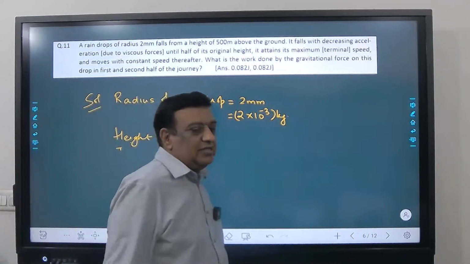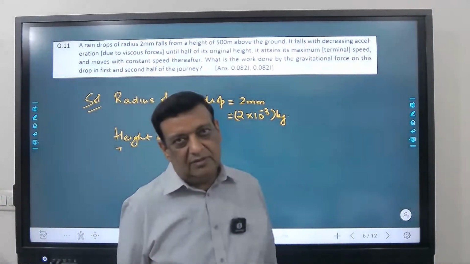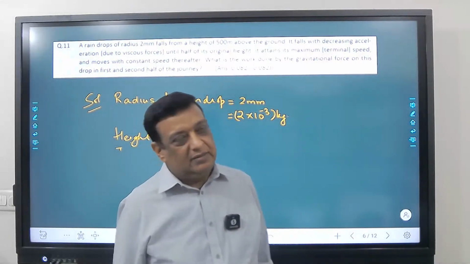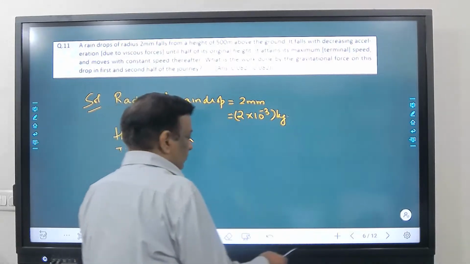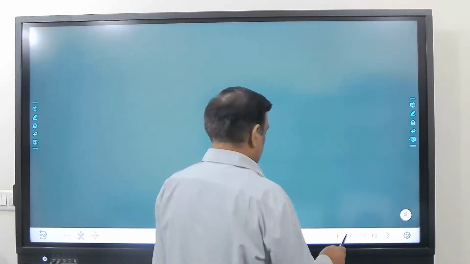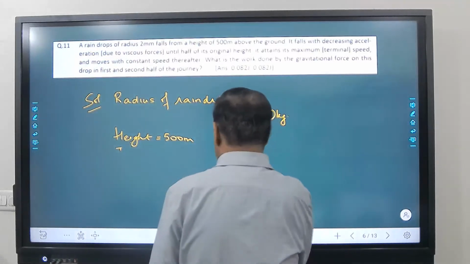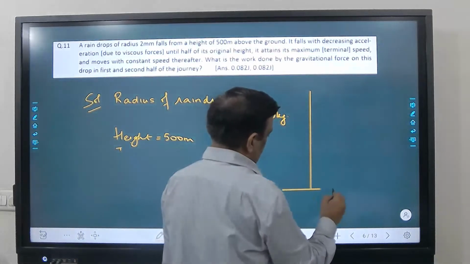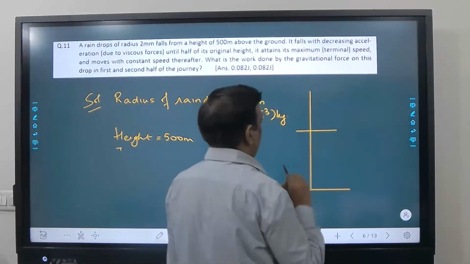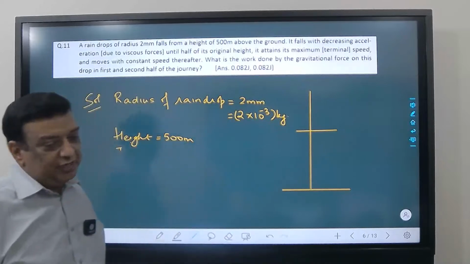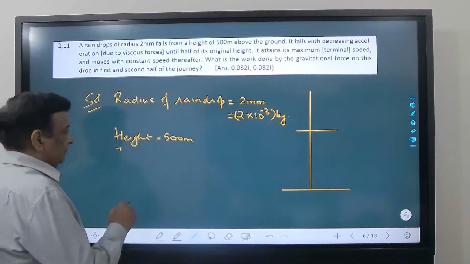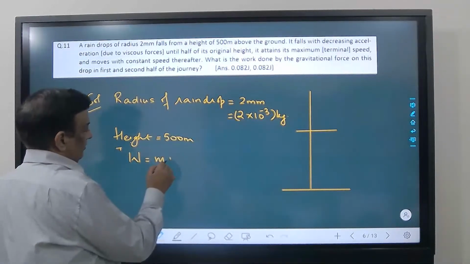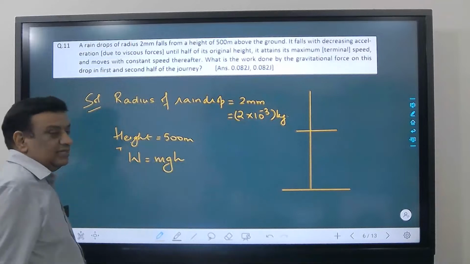The work done depends on displacement and not on how much speed is required and acceleration of the body. So you have in this form. Work done for first 250 meter and next 250 meter. Work done is mgh.